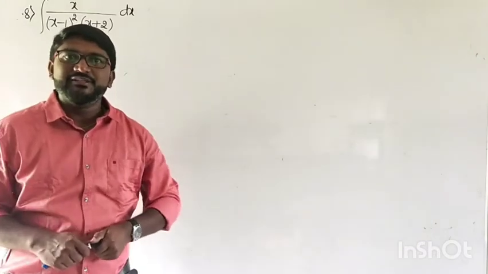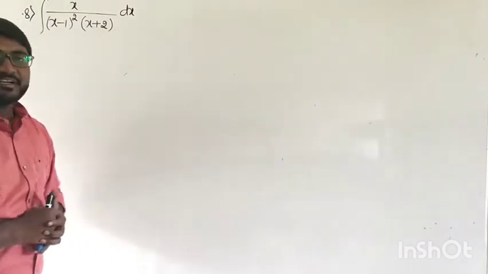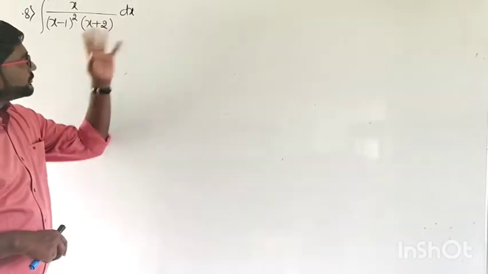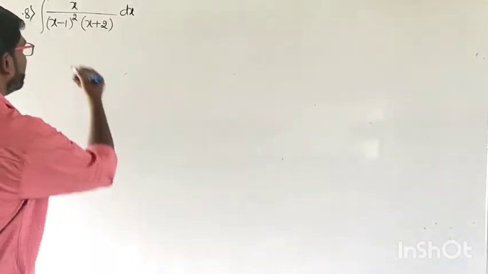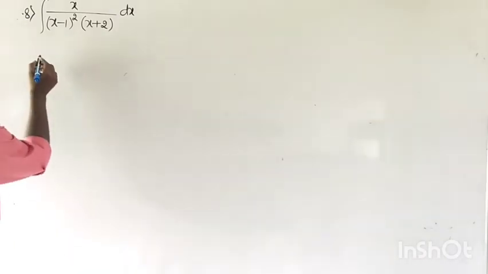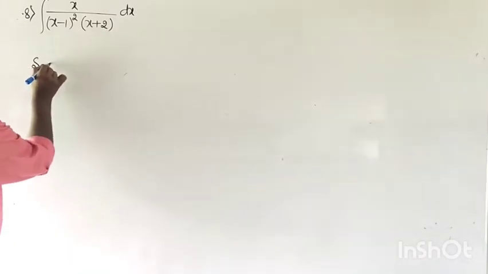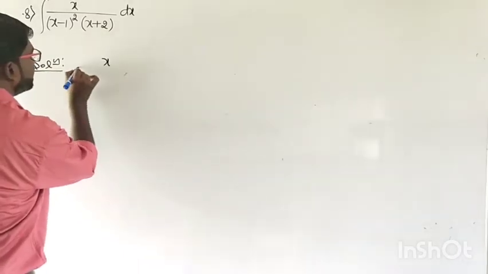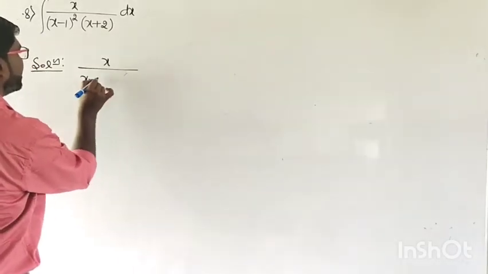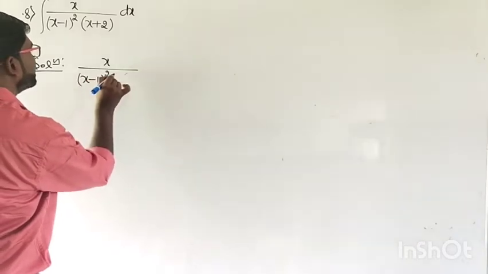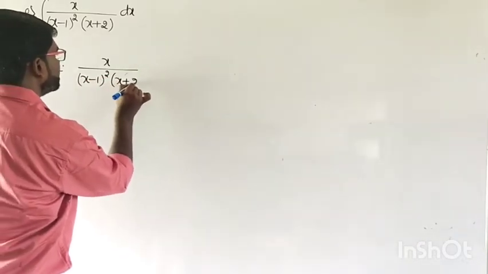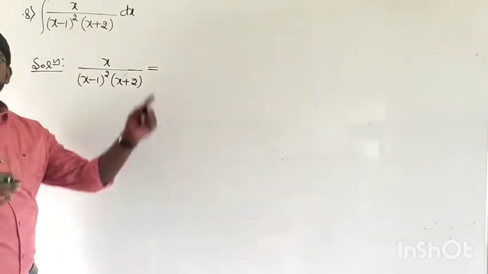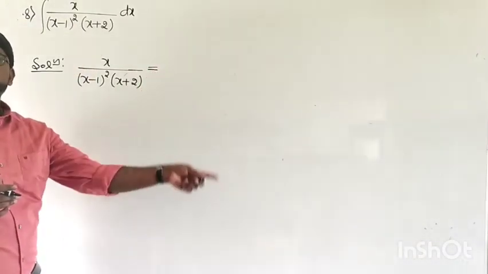So this is the final answer for the 7th problem. Well, the 8th question is integral x divided by (x minus 1) the whole square into (x plus 2) dx. So we have got the repeating factor in the denominator. So see here, x divided by (x minus 1) the whole square into (x plus 2) is equal to, if you see the table, you will get to know, in the introduction class I had given a table.